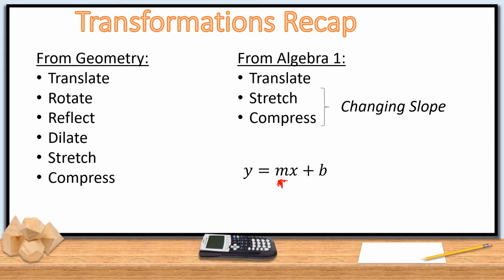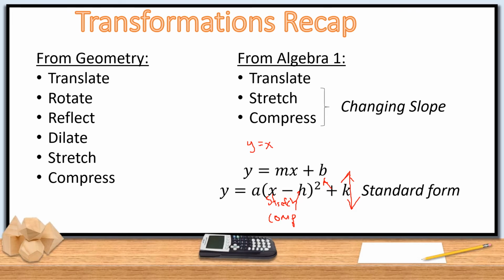So like you were taking the original y equals x, so just an original linear function, it's called a parent function, and you were changing it. So the slope resulted in a stretch or compression based on the rise and the run. And then the b value, what effect did that have if you changed that? If you increased or decreased it, it moved it up or down. You ended up getting a translation up or down.